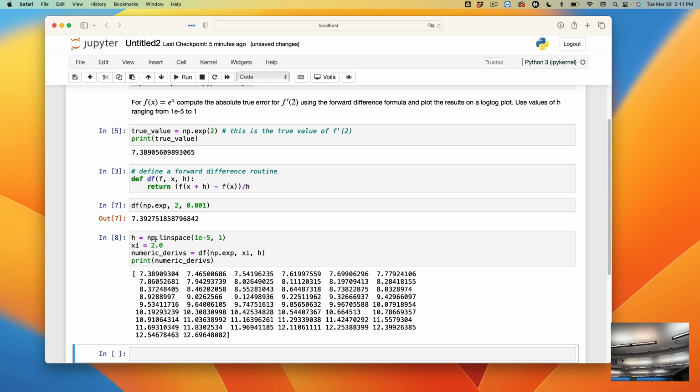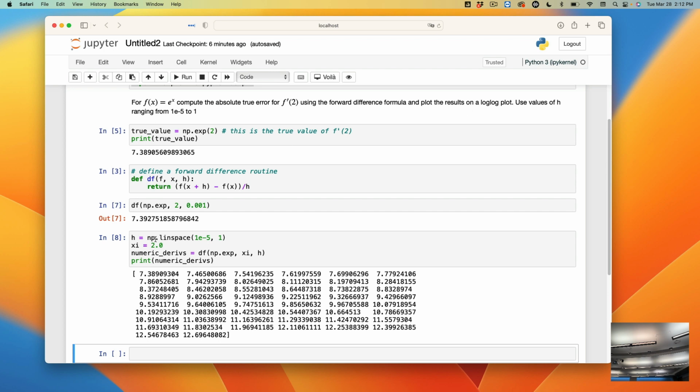Clearly, as we approach spacing of 1, we are way, way far away from the true value. At spacing 10 to the minus 5, we're pretty close, 7.389, and then for the next value, 7.46, and so on. Okay? So this array contains the forward difference approximation of the derivative of the exponential at 2, but for different values of h.